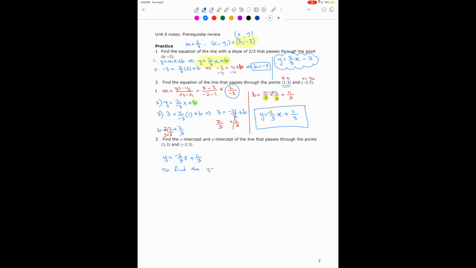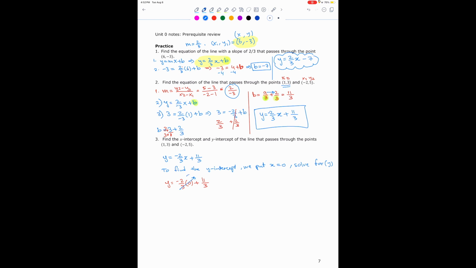Now, in order to find the y-intercept, we put x equals 0 and then solve for y. So if we do that, we will get y equals negative 2 over 3 times 0 plus 11 over 3.